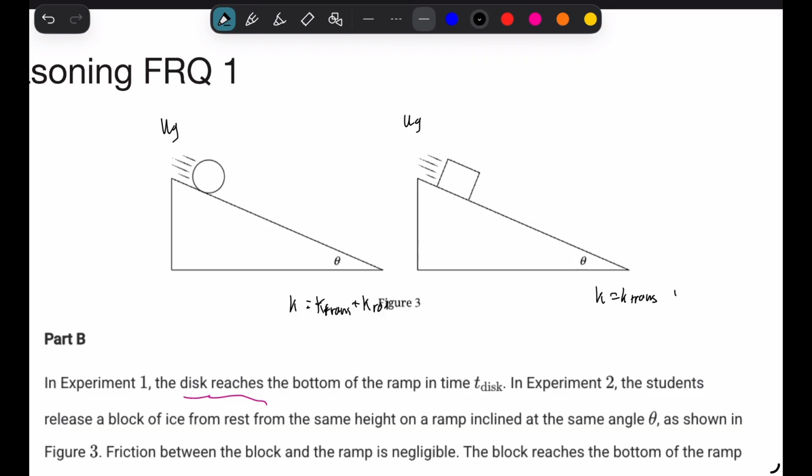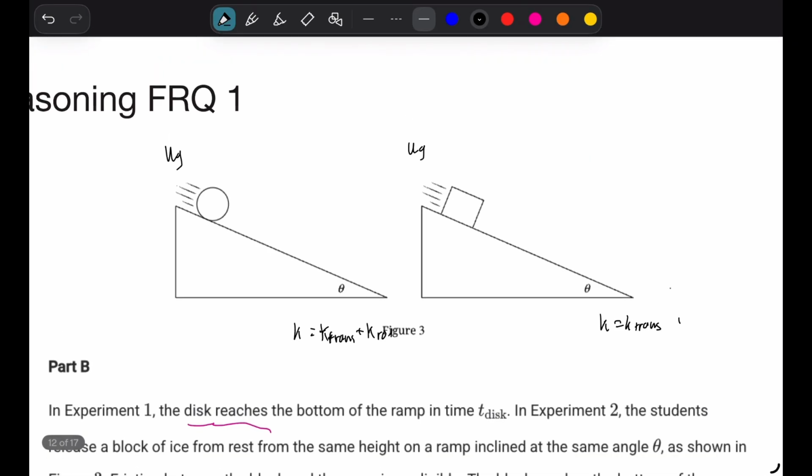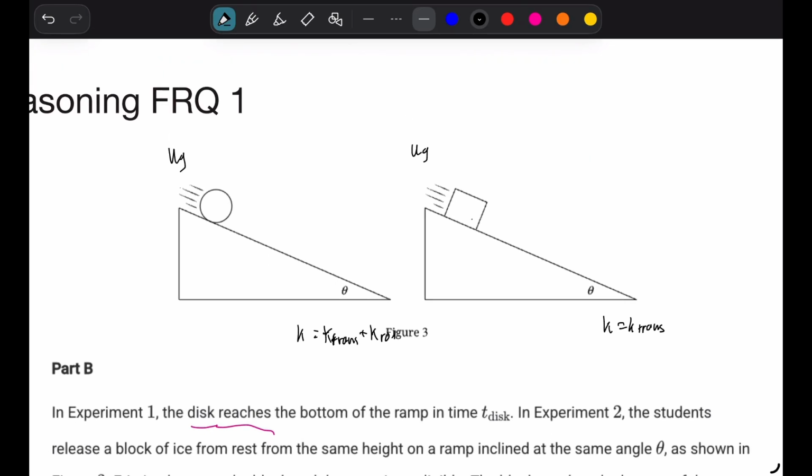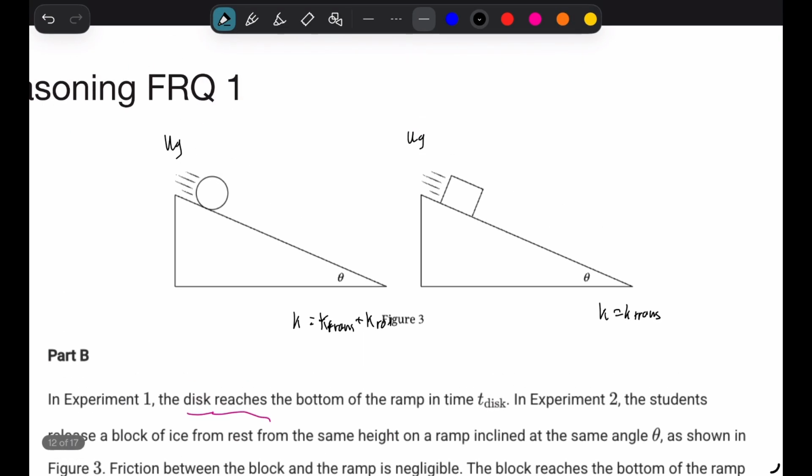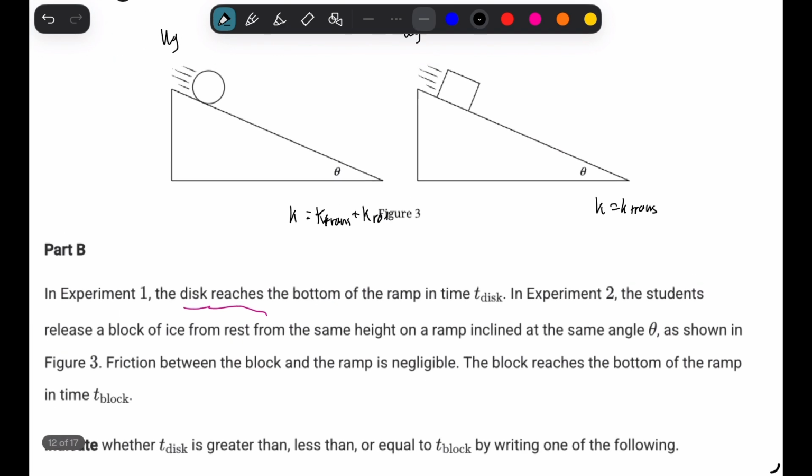Sorry, I was not looking. This is the disk, and then this is the block. So this is K translational only for the block. So the disk has to translate and rotate. That means some of that UG is going to go into rotational kinetic energy. So that means the center of mass of the disk is going to speed up less quickly than the block. Therefore, the disk is going to take longer to reach the bottom.